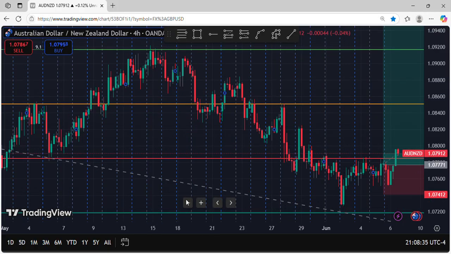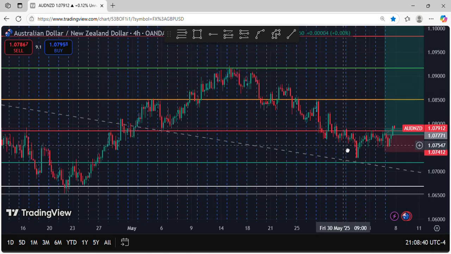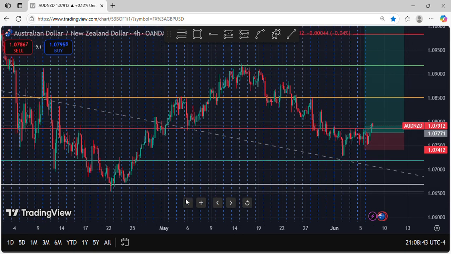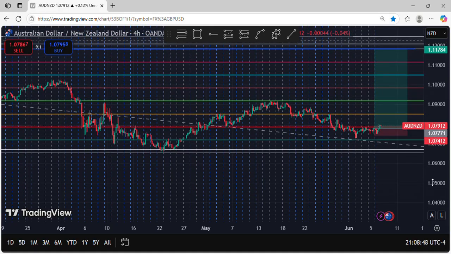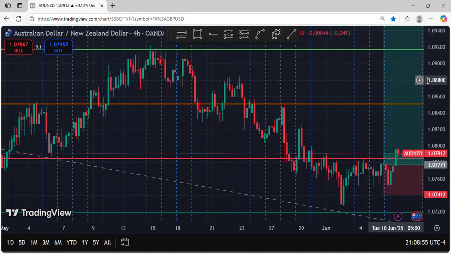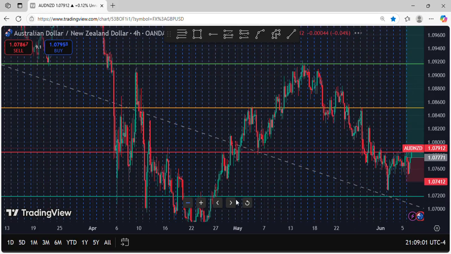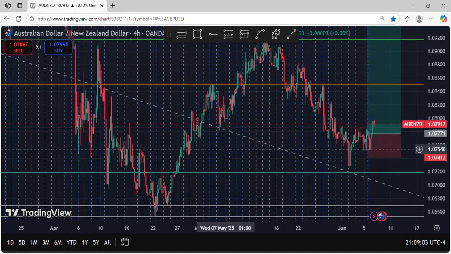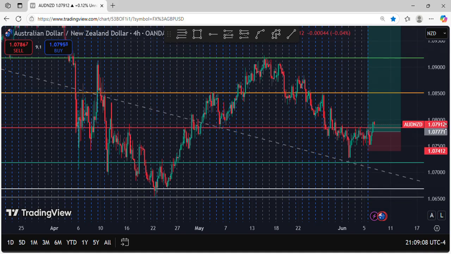So inside the 4-hour, we are maintaining the daily range, which we have already established. So from that low to the high, what we are seeing currently is this. Price is consolidating, right?